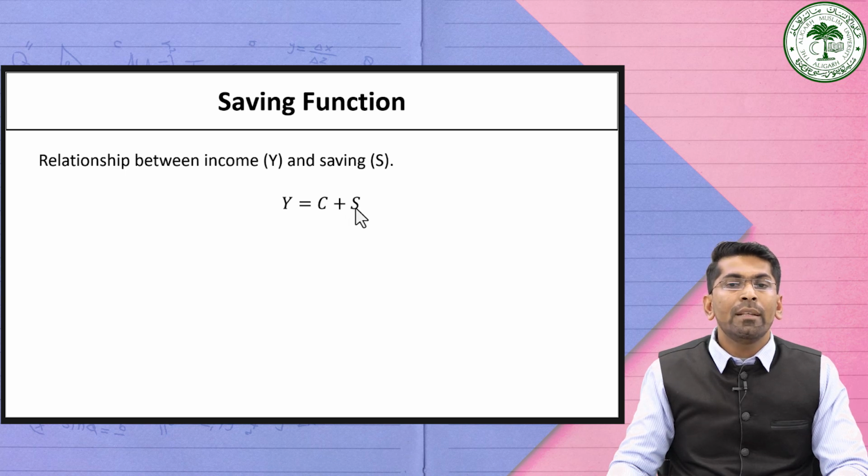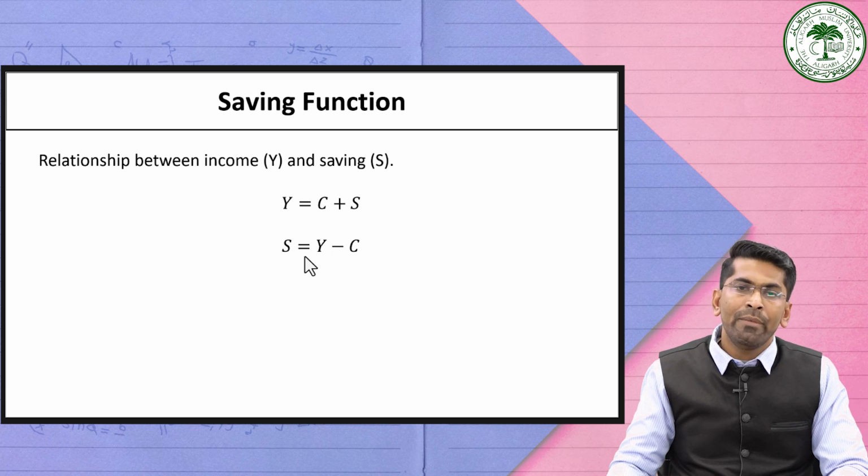So we can derive the saving function from here by isolating S. We can write it as Y minus C. The saving function is equal to Y minus C, where S is the level of saving, Y is the disposable income and C is the consumption level.